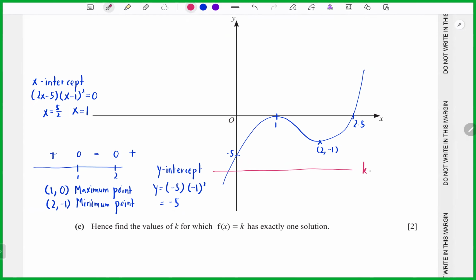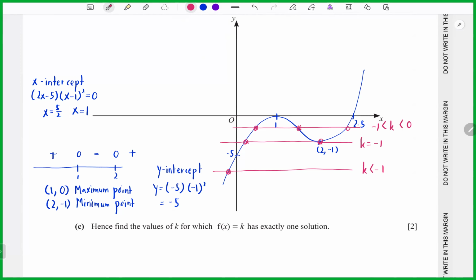Let's say your y and your k less than negative 1. You see, it's one solution, right? If k equals to negative 1, they will show two solutions. When k between negative 1 and 0, they will show how many solutions here?